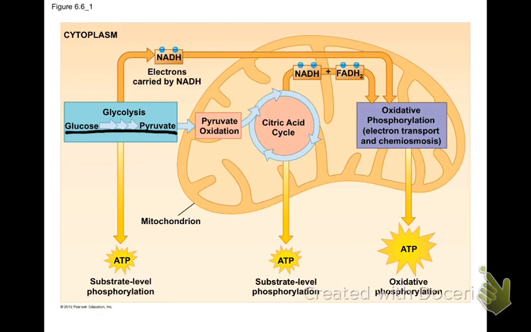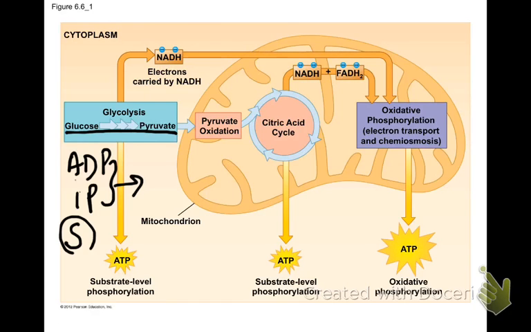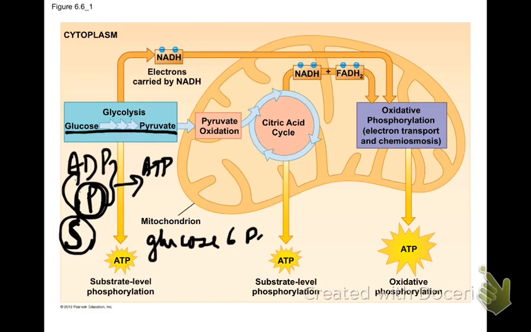Just because there was an ADP and a substance which had a phosphate group, and it transferred the phosphate group to this guy and made it into ATP. This substance, example, glucose 6-phosphate. Now this is a compound which contains a phosphate group. So if I have ADP, it can transfer this phosphate group to this guy and make it into ATP.